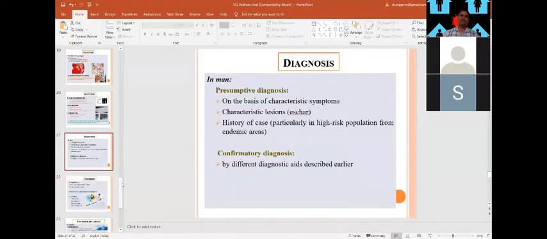Now, in man, the presumptive diagnosis is based on the characteristic symptoms, characteristic lesions of eschars or black eschars, and history of the cases, mainly the risk populations belonging to the endemic areas, but for confirmatory diagnosis we can go for the different diagnostic tests described earlier.